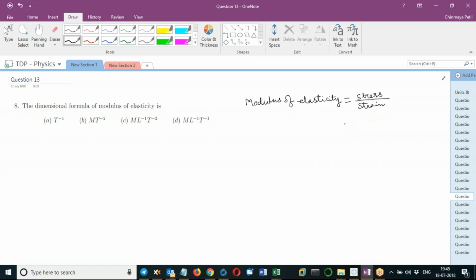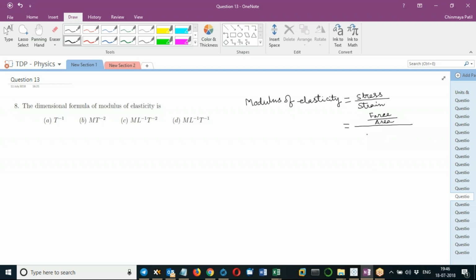Now, as in the very first MCQ we discussed today, stress is nothing but force per area, so this is force divided by area.